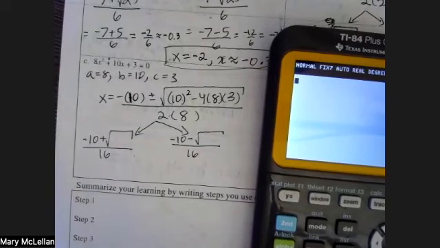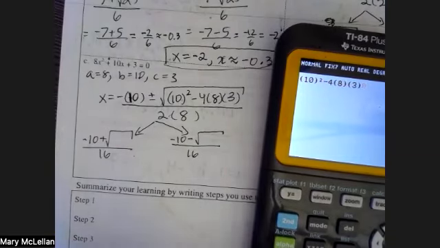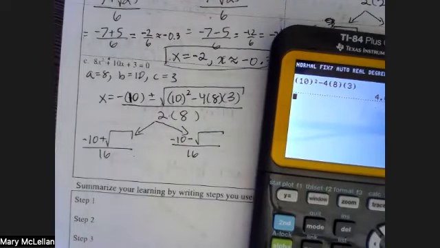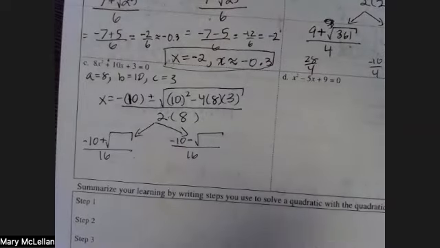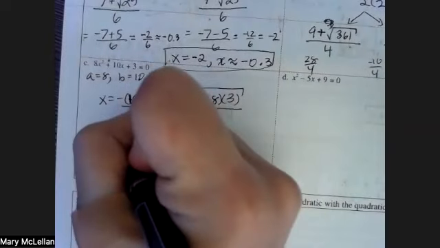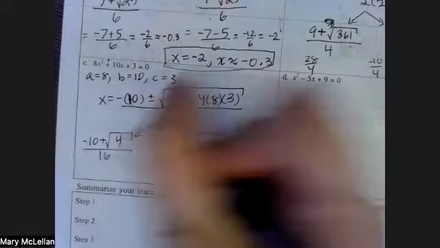Okay, so I have 10 squared minus 4 times 8 times 3. I always put it in parentheses. And it equals 4. Man, I thought that would give you a messier problem, but whatever. Square root of 4.